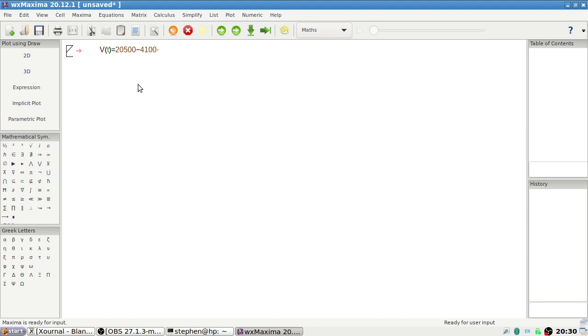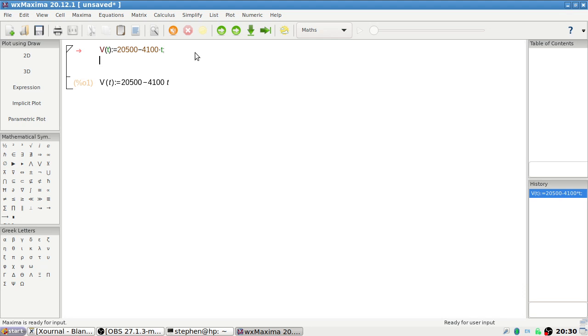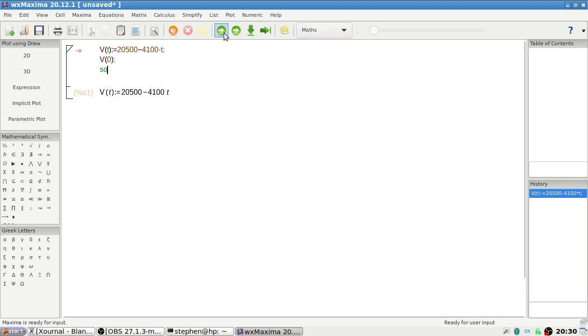Oops. I think it's better to put that, isn't it? Okay. Next then, that's part A. Find and interpret the meaning of the x and y intercepts. So, okay, let's calculate V0. And then let's solve for V of T equals 0.